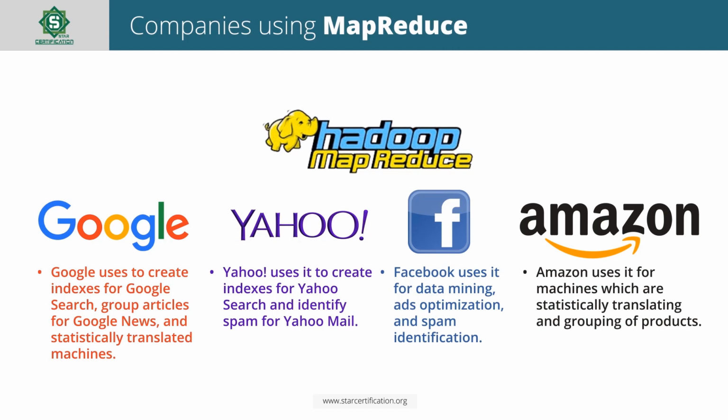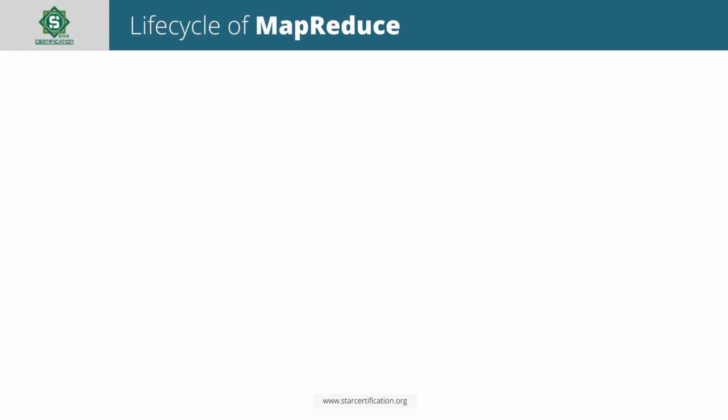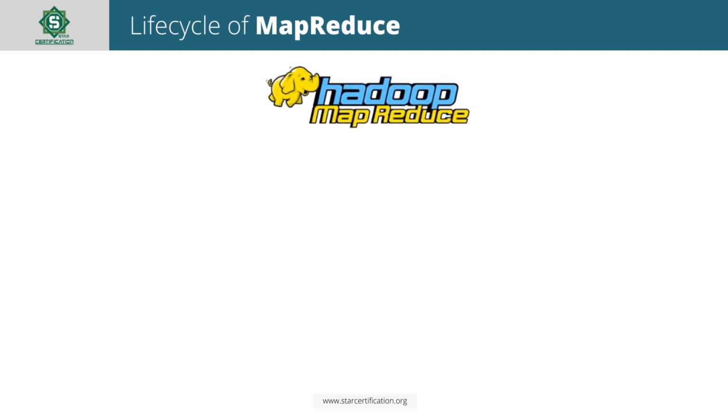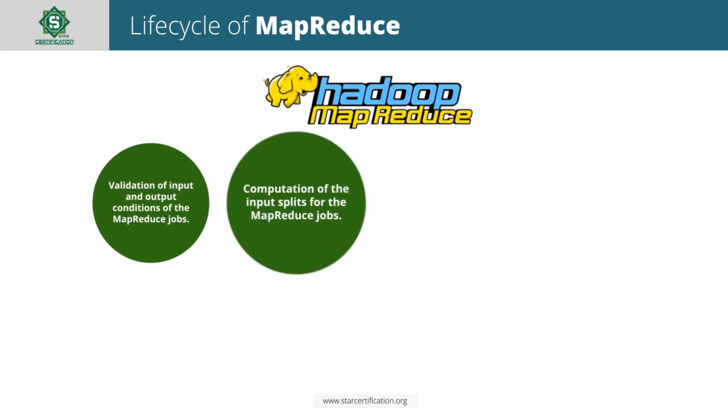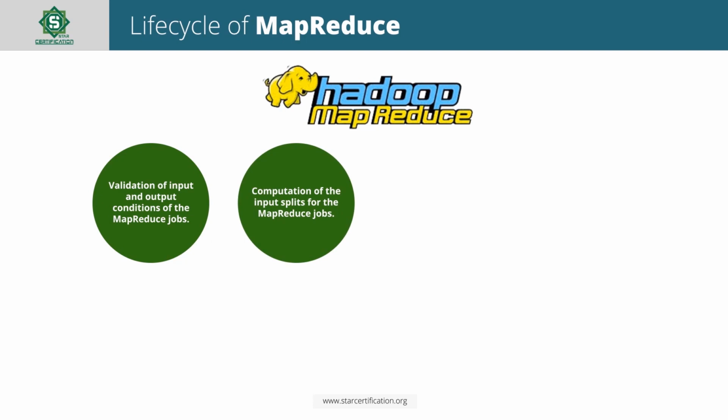Lifecycle of MapReduce. The steps in the lifecycle of MapReduce are: first, input and output conditions of the MapReduce jobs are validated. Next, the input splits for the MapReduce jobs are computed.